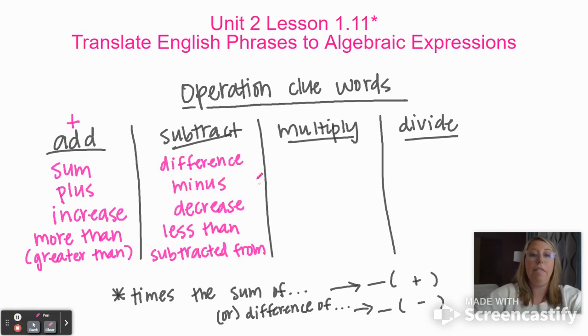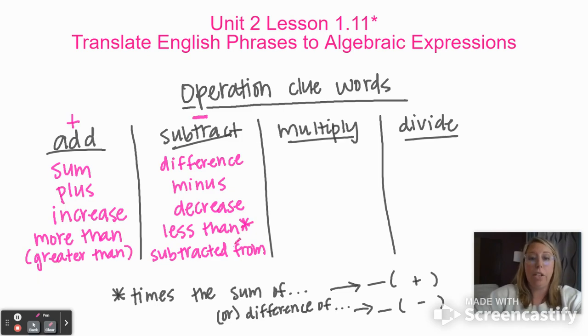All right, I've got five main ones listed here for subtraction. Of course, we know that the answer to a subtraction problem is known as a difference. Then whenever we read subtraction algebraically, we say the word minus for that symbol. The opposite of increase, which means to add, is to decrease. And then less than, let me pause here, put a little star next to less than.